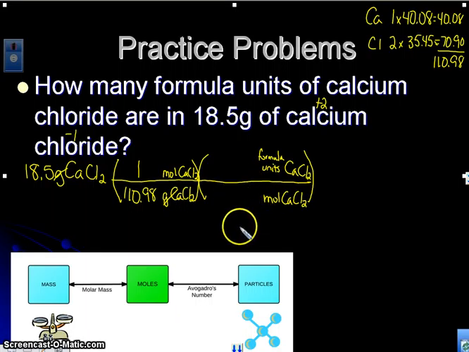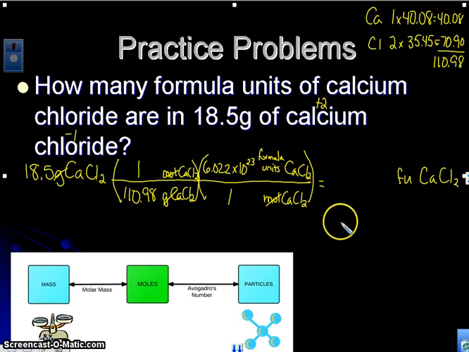So we want to look at how many particles are in a mole of calcium chloride. If you look on your reference table, Avogadro's number tells us that 1 mole of calcium chloride has 6.022 times 10 to the 23rd formula units of calcium chloride. Our moles will cancel, leaving us with formula units of calcium chloride.